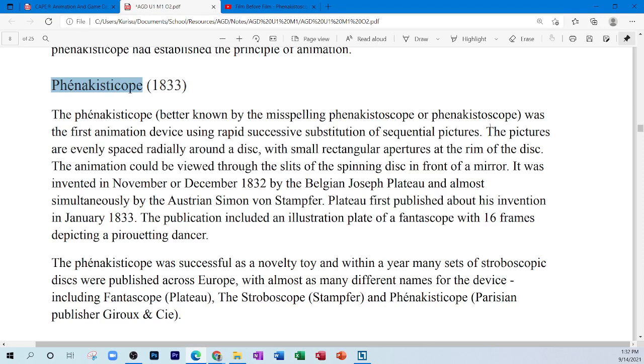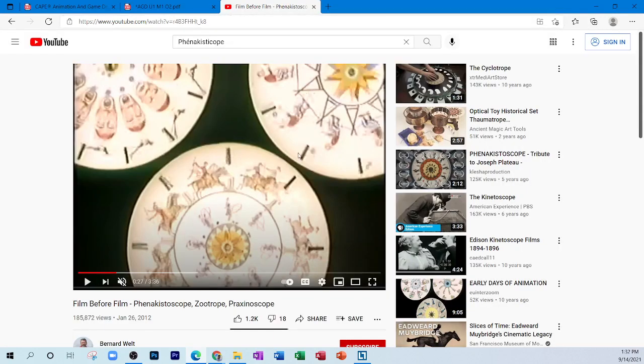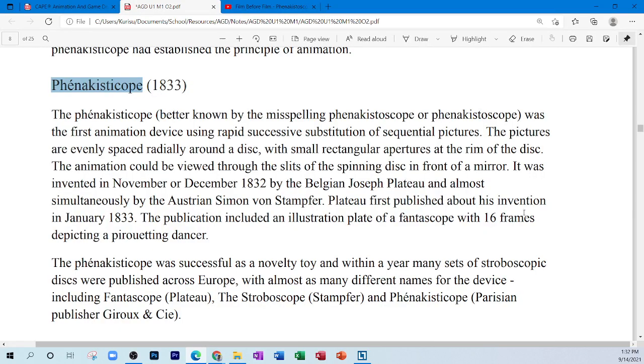So it says that the pictures are evenly spaced radially around a disc with small rectangular apertures at the rim. So that's what we're seeing, those small apertures there.